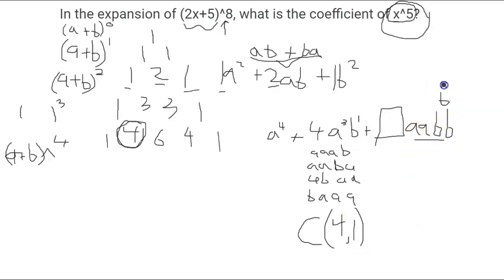We're going to have B squared, and again, we're going to have 4 powers. So the number here should be combination 4, 2. You punch that into your calculator, or you use the formula if you've decided to memorize it, and you'll get the 6 that we know is the answer from Pascal's triangle.